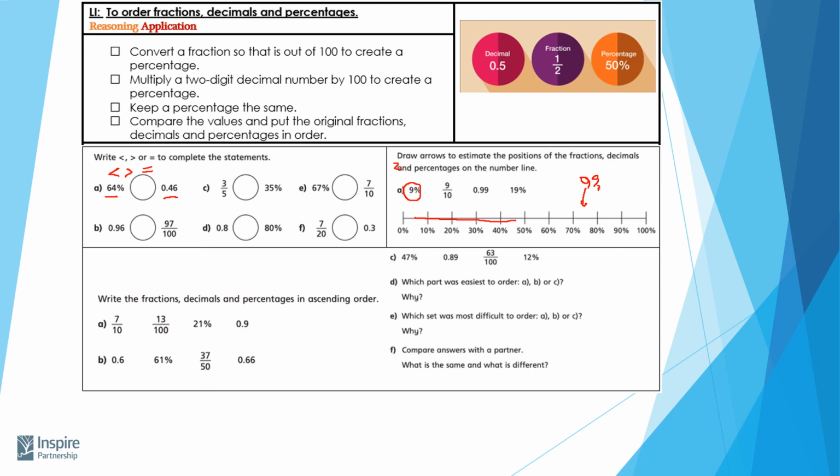This one down here, number 3, you're going to write the fractions, decimals, and percentage in ascending order. So it's just like we've done on the previous slide. There's A, B, and C there. And then there's some questions. Which was the easiest to order and why? What set was most difficult to order and why? And then compare your answers, if you can, with somebody else. Did you have anything that was the same or anything that was different?